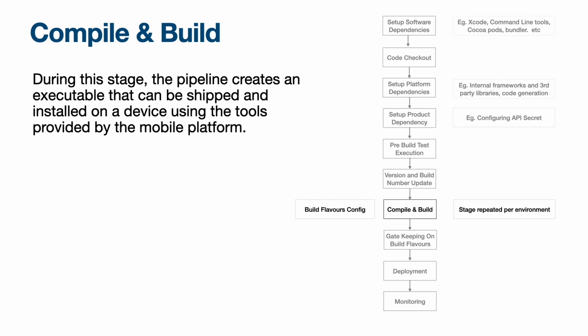In certain organizations, there might be control on who has access to production environment. So the infra engineer also has the responsibility to define the roles who can access or approve if the lower environment artifact is ready and the production environment artifact can be shipped to the app store.